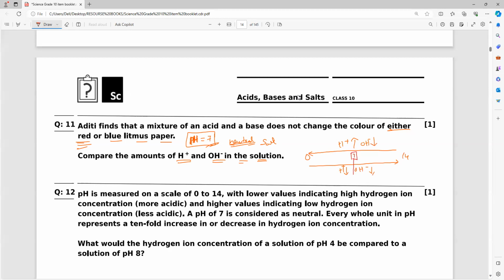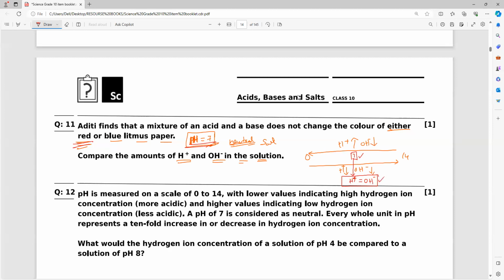So what is the H plus and OH minus ion concentration? Everybody? The number of H plus ions is equal to the number of OH minus ions. That is why we call it a neutral substance. Am I right, everybody? Keep in mind, at pH 7 it does not react with red or blue litmus.